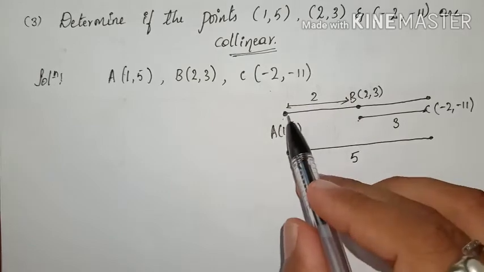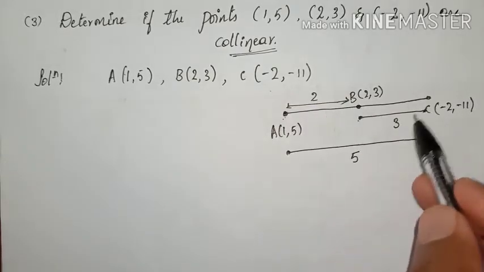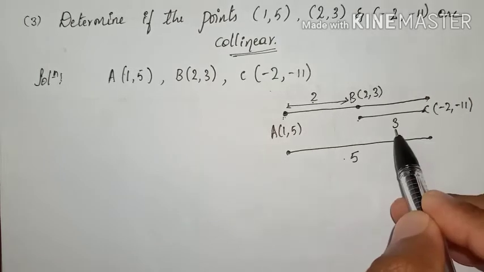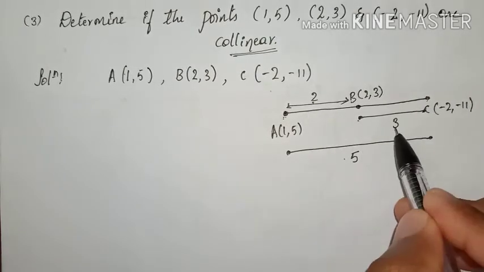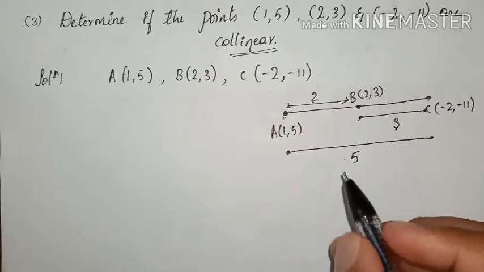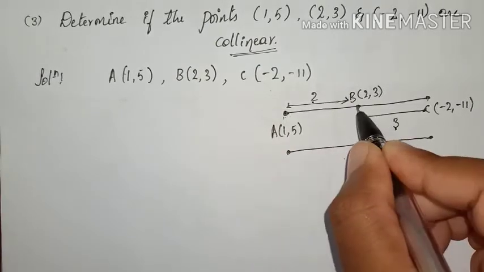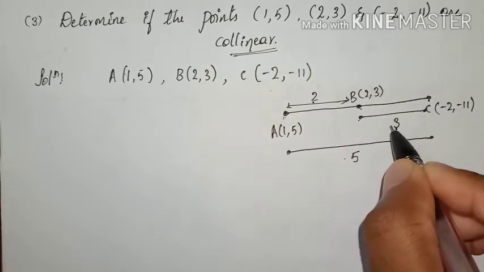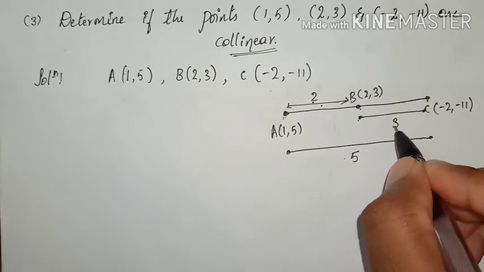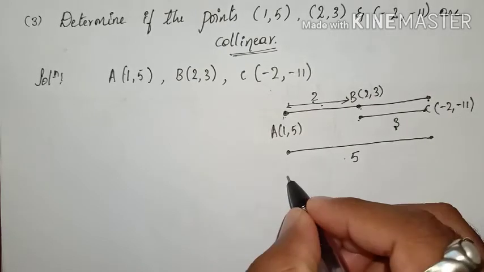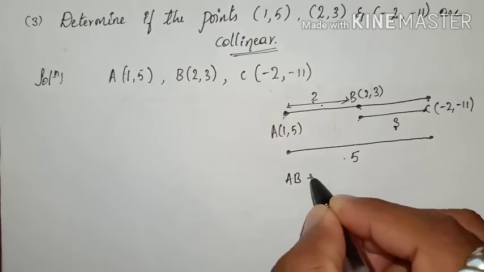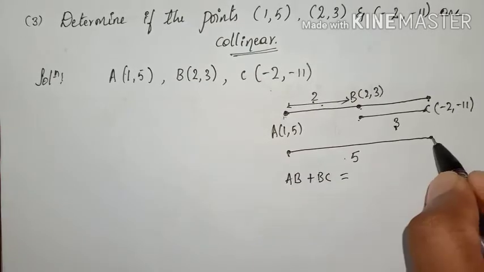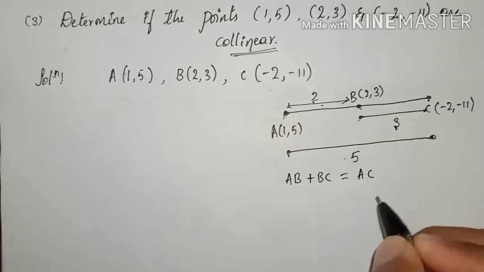How? A to B is 2, B to C is 3, then definitely A to C is 5. It is 2 plus 3, isn't it? Just observe that. A to B and B to C, we have numbers, and we added these two, right? So then I can write AB plus BC equals AC, isn't it?